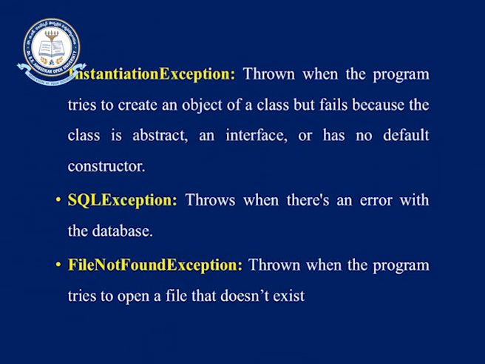Next one is the instantiation exception. What is meant by this one? It occurs when the program tries to create an object of a class but fails because the class is abstract, an interface, or has no default constructor. When the program tries to create an object for a particular class, it will fail. Why?